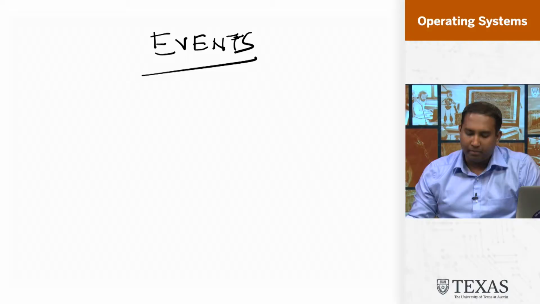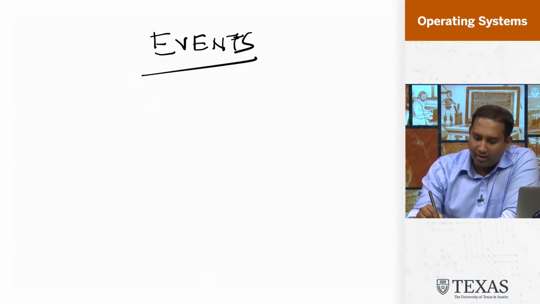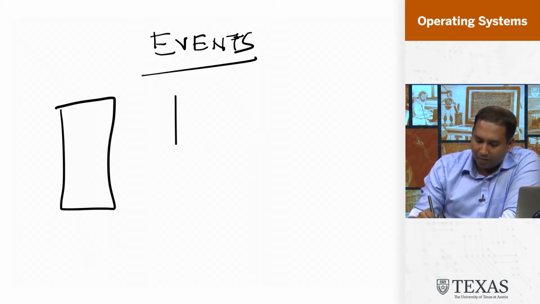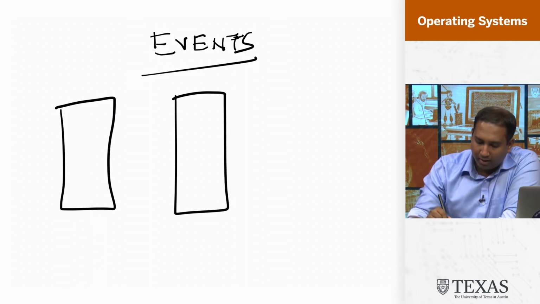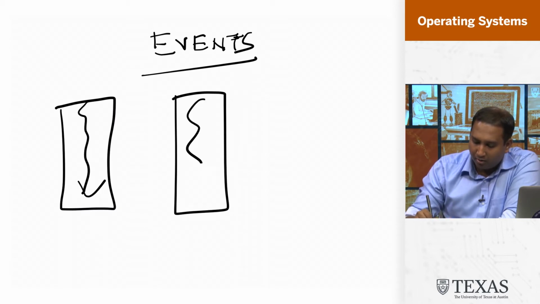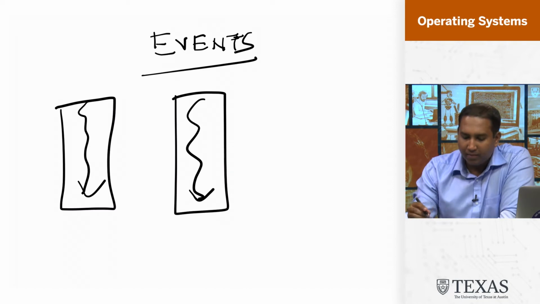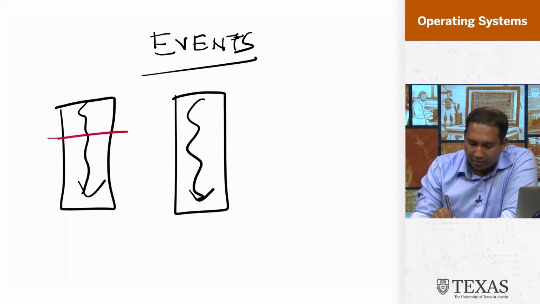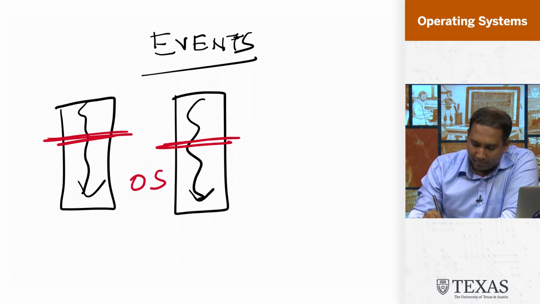If you look at the iPad, when we have threads, what's really happening is that we have two threads running along, executing different instructions, and the control of when a particular thread stops and another thread runs is done by the OS.